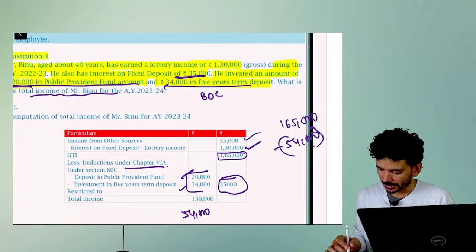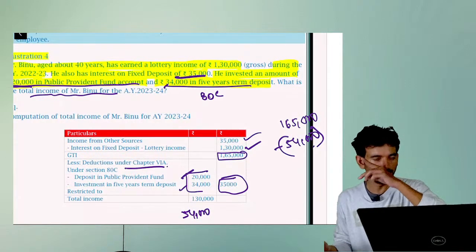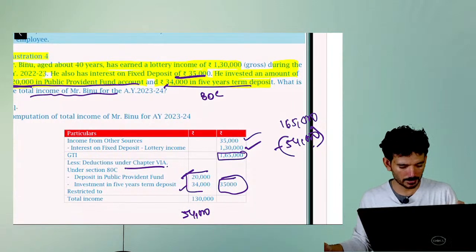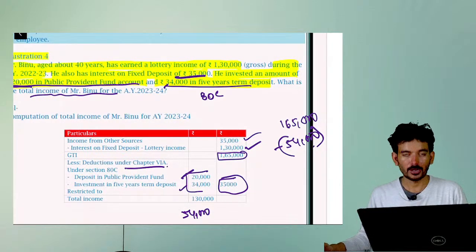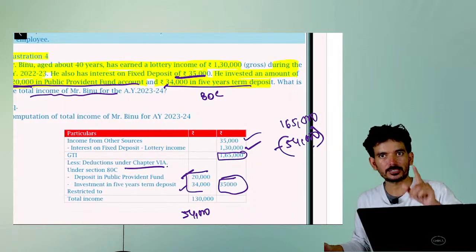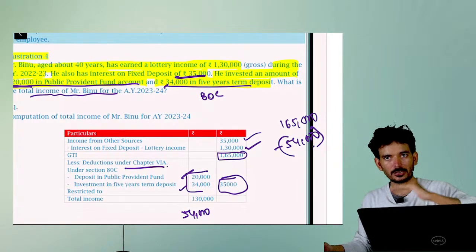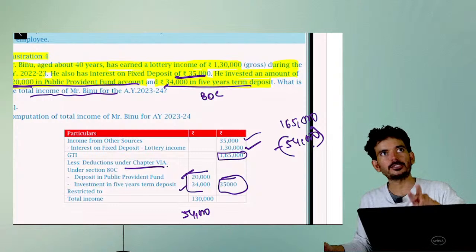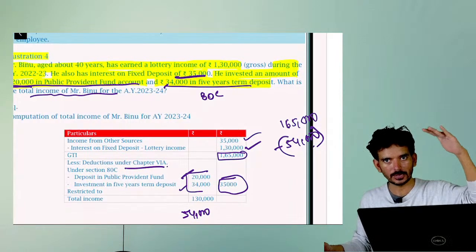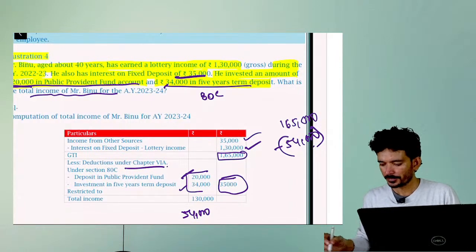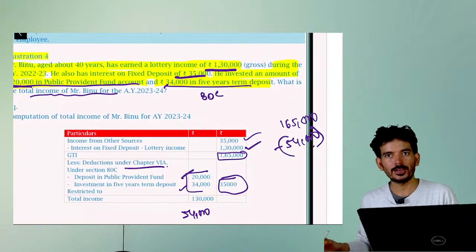The reason is income from lottery, section 194B, you might have remembered this, yesterday only we have done. That is a special rate, 30%. If it is exceeding 10,000, 30% flat rate. So if any section is telling you to pay tax at a flat rate, you cannot use 80C deductions to reduce the amount. Put it another way, he has a lottery income of 1,30,000, right?